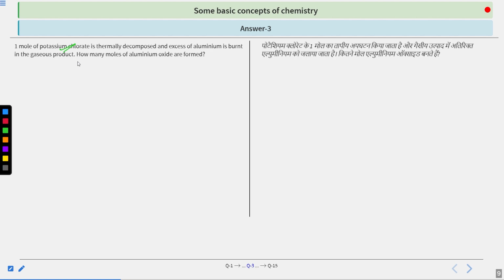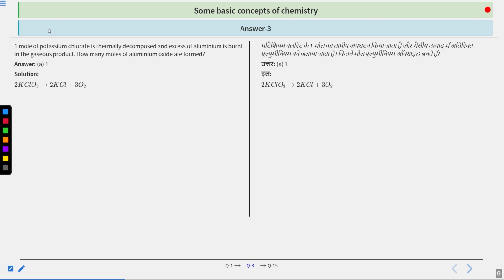Now, how many moles of aluminium oxide will we get? Since we are oxidizing the aluminium, you will obviously get aluminium oxide. So you have to predict the moles of aluminium oxide if 1 mole of potassium chlorate was used. The correct answer is A.